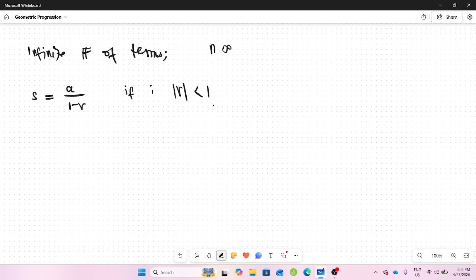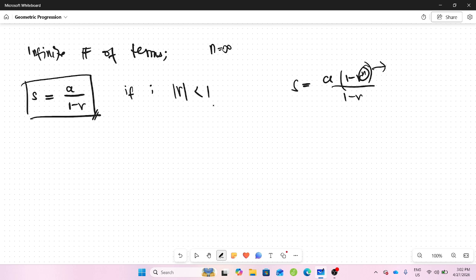If that is the case and r is less than 1, we're going to use this equation. That is logical, because from our earlier standard equation for the sum, 1 minus r to the power of n over 1 minus r, if n approaches infinity, this part here simply disappears.